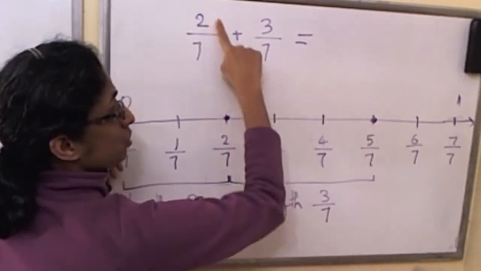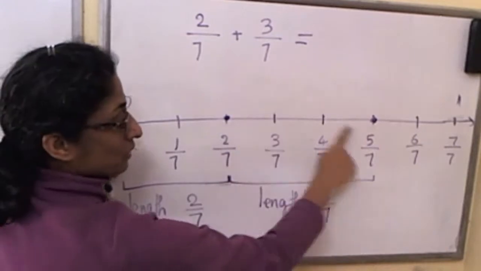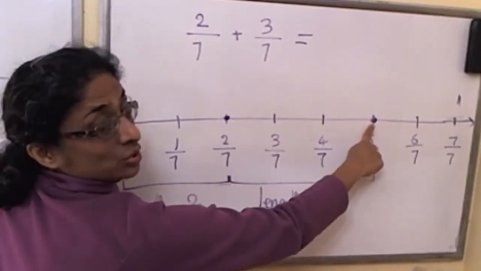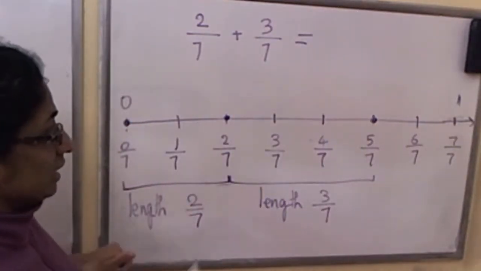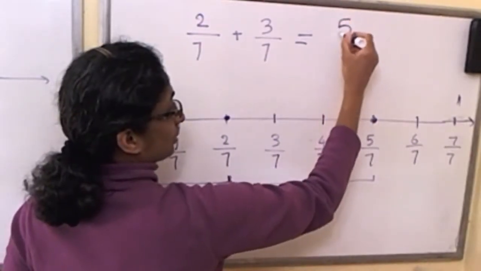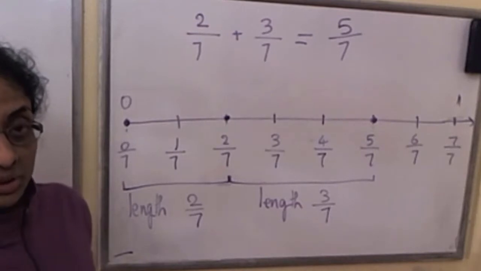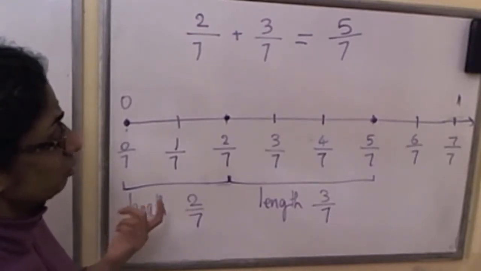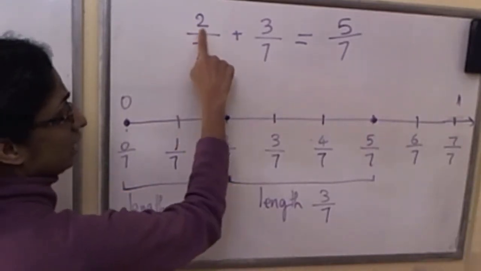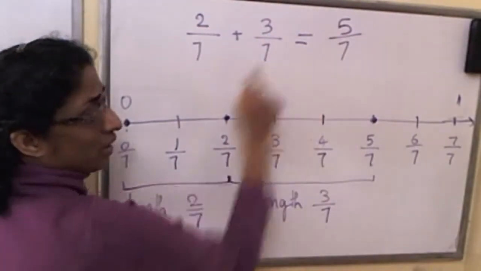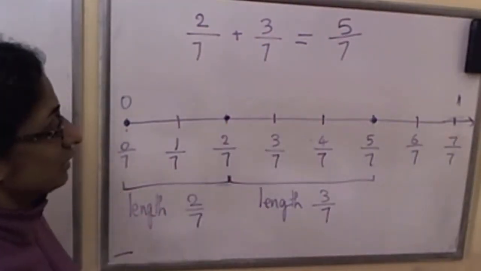So the answer to 2 over 7 plus 3 over 7 is right there, staring at you, 5 over 7. And let me write that here, 5 over 7. And look at what happened. It sure looks like the previous problem. It looks like really 2 plus 3 is 5. And that is exactly correct.